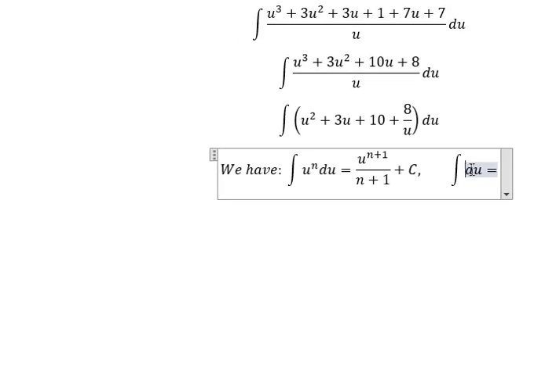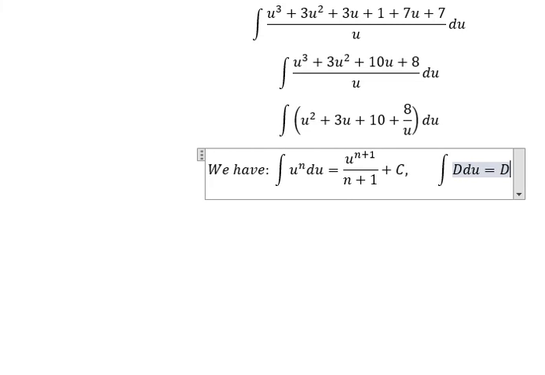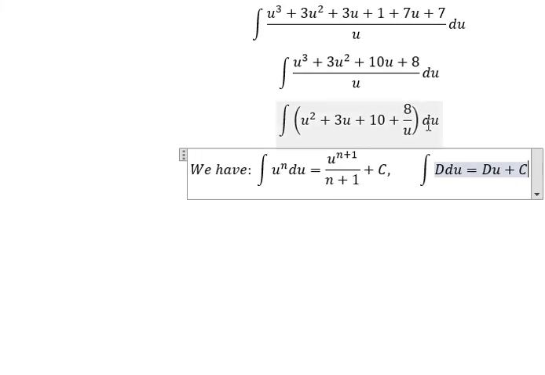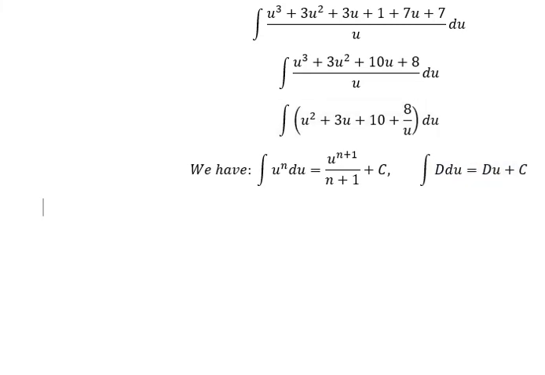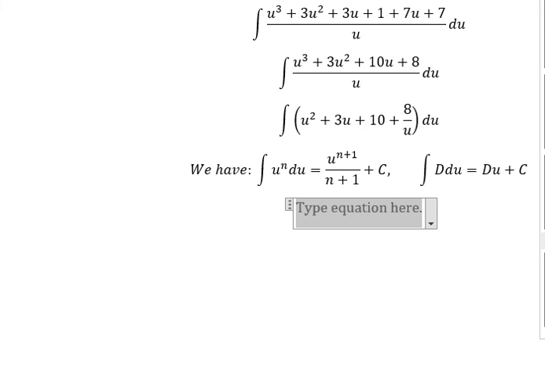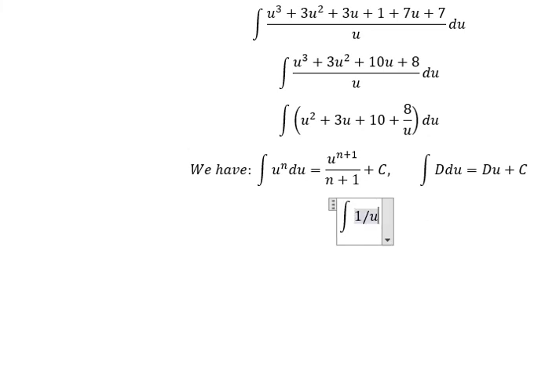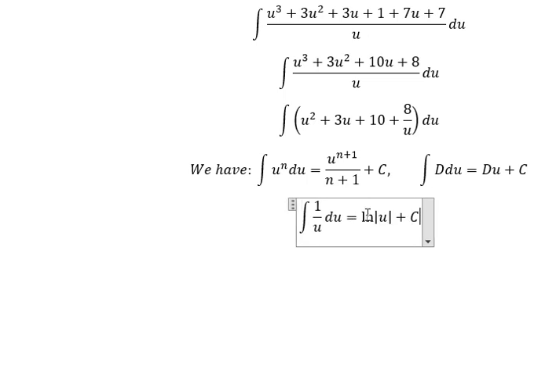So I will put capital D in here, you get D du plus c, and the last one, the integration of 1 over u du is ln of the absolute value of u, and we put c.